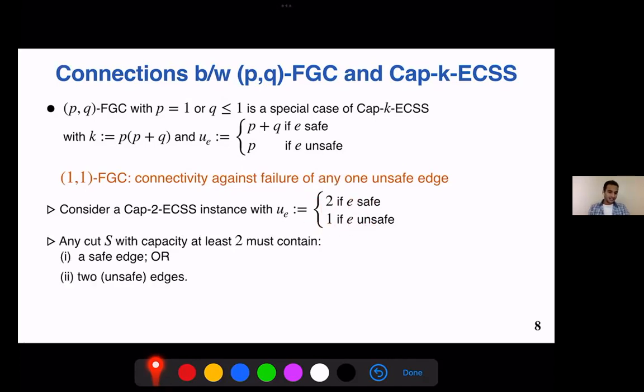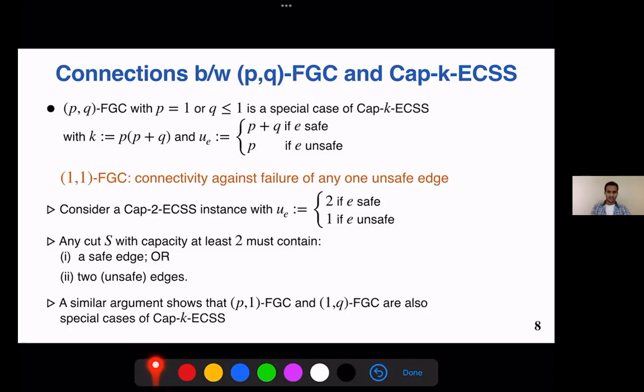Now, if on any cut we have capacity at least 2, because that is the value of k, then it is easy to see that either we must have a safe edge in that cut, or we must have 2 unsafe edges. So in either case, this is the property that we needed for basic FGC.